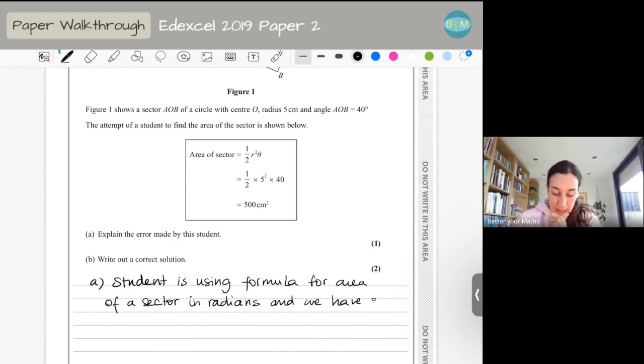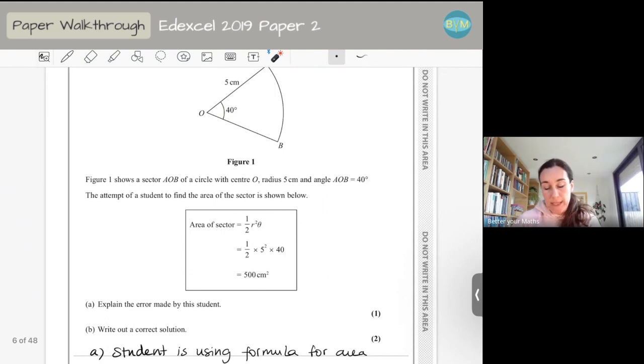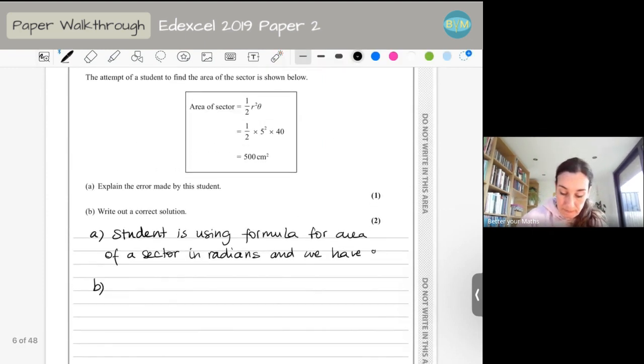Write out a correct solution. Either way, you can change your degrees into radians and then use that formula, or keep the degrees and use the formula for degrees. Remember, the area of a sector when we have degrees is the circle area times the proportion of that sector.